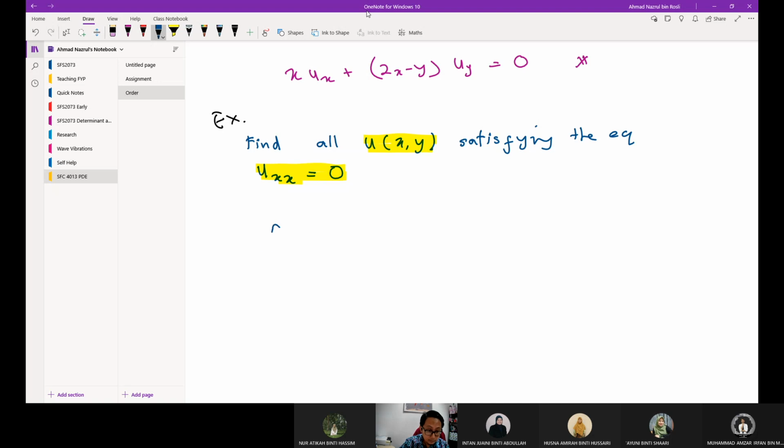So we have integrate the uxx over dx. So you have a constant, which we put the value as f(y), the arbitrary function that we don't know.